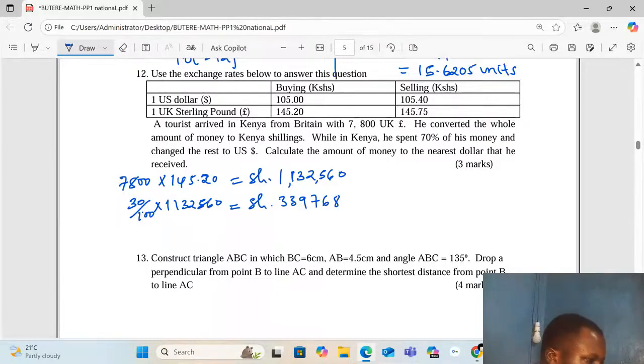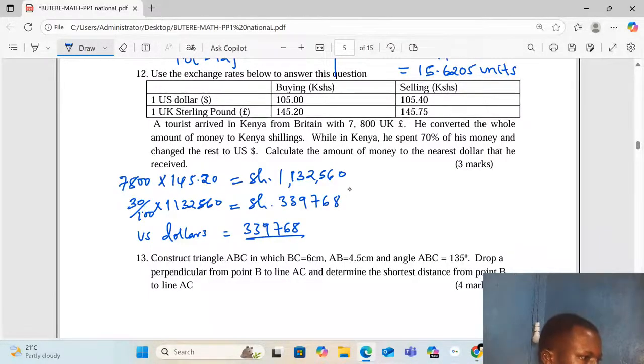So let's convert this amount to US dollars.